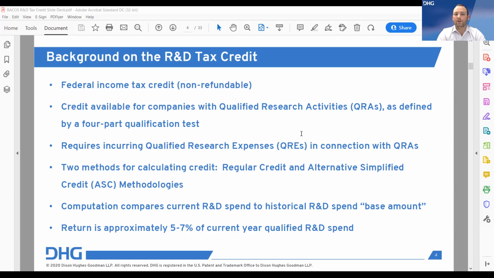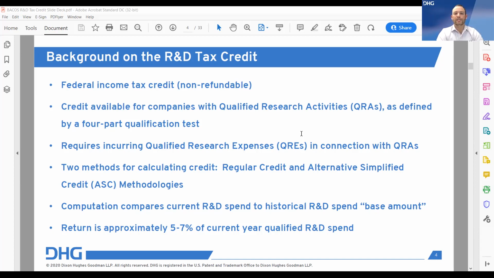There are 2 methodologies for how the credit is actually computed. We won't get into the details of that, but essentially we'll go through and evaluate for each company which methodology produces the better answer, and you can switch methodologies from year to year, depending on what gives you the better answer. The computation does rely on what's called a historical base amount.